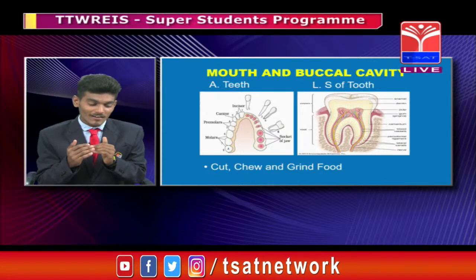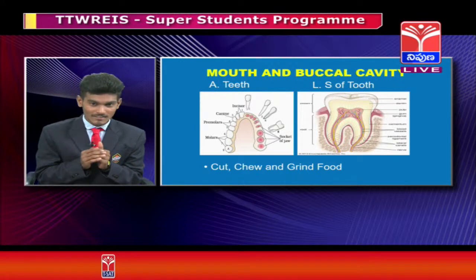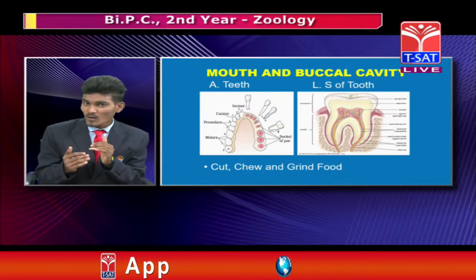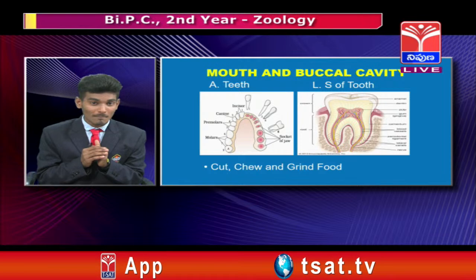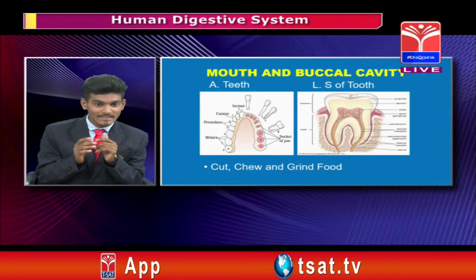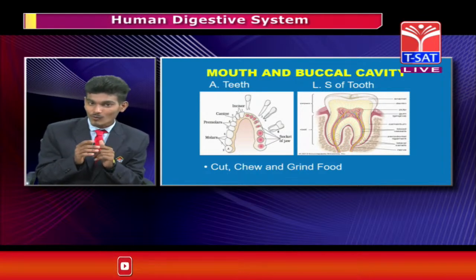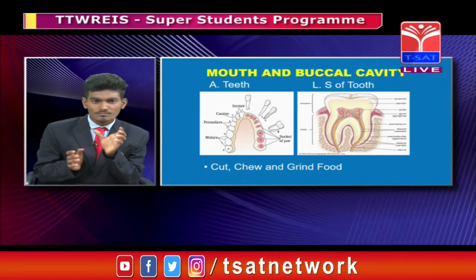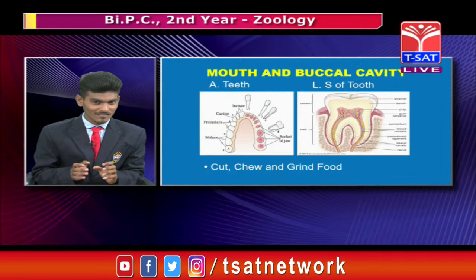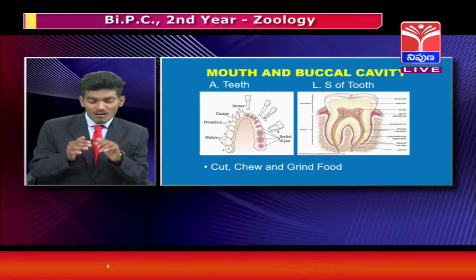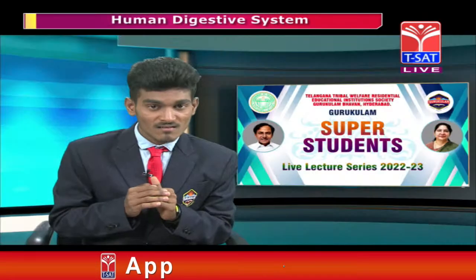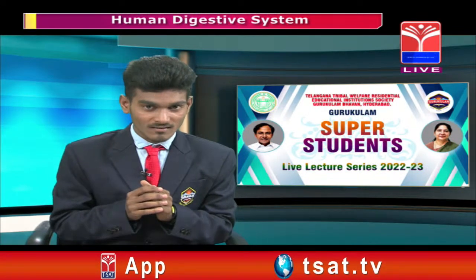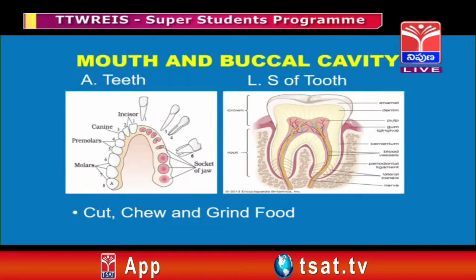Go through the next part, the buccal cavity. What is another name of the buccal cavity? Yes, oral cavity, and it has a space-like part, and in it there are 2 palates, hard palate and soft palate.